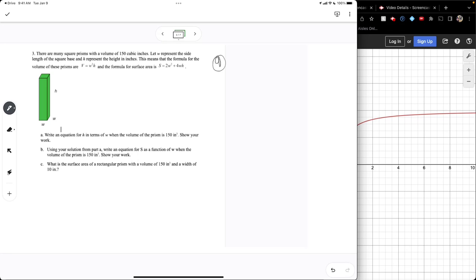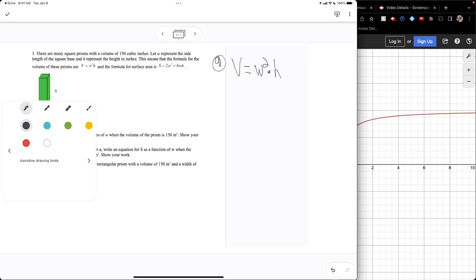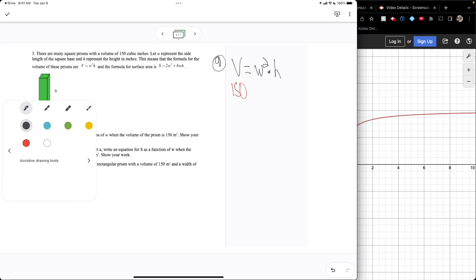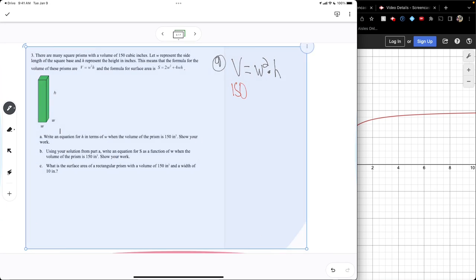Show your work. So our formula for volume is V equals W squared times H. And we're going to substitute in 150 for V, since that's the volume.